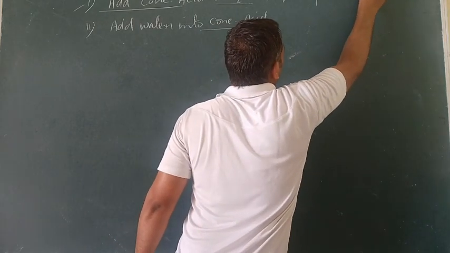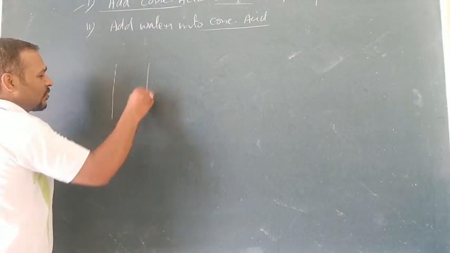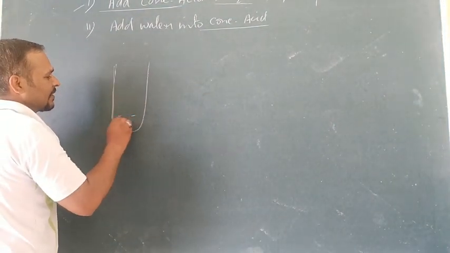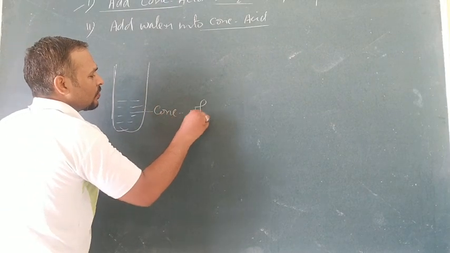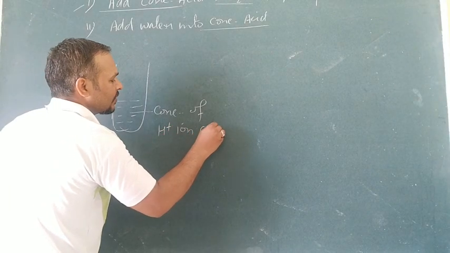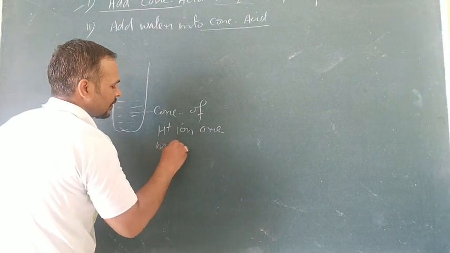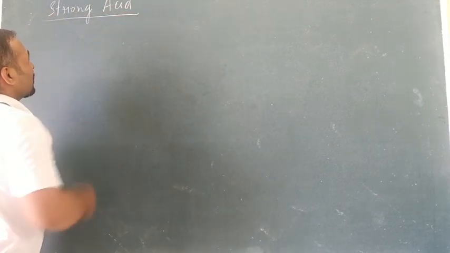Why does it happen? Because when you have taken the concentrated acid, right, the concentration of H plus ions is more. How are you going to judge which one is a strong acid and which one is a strong base?